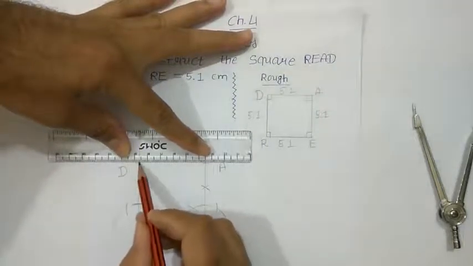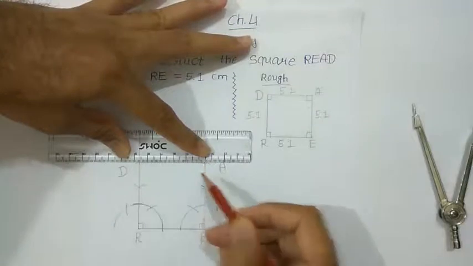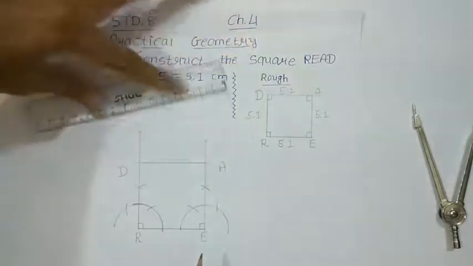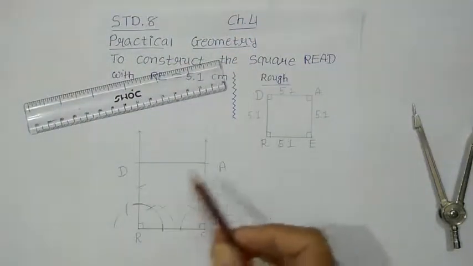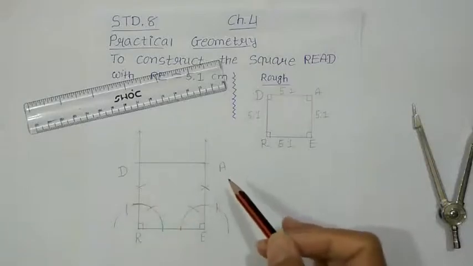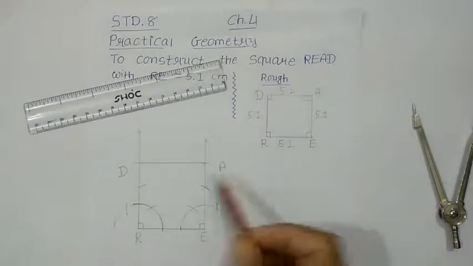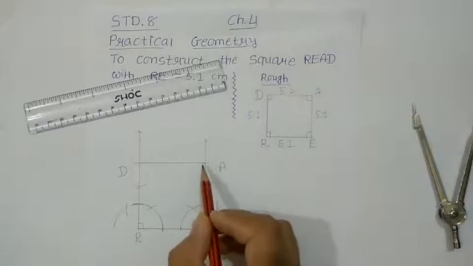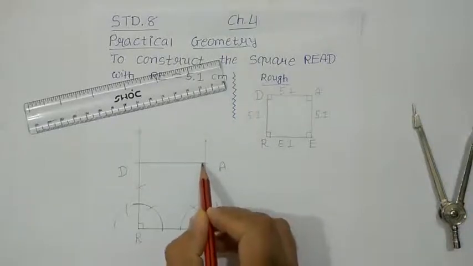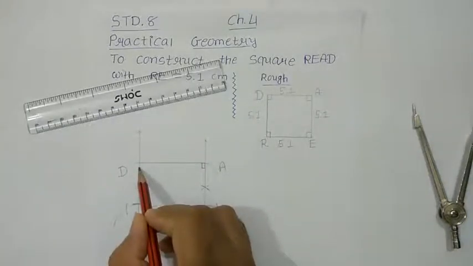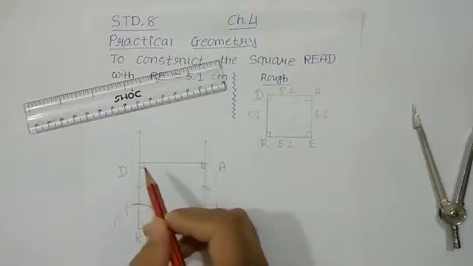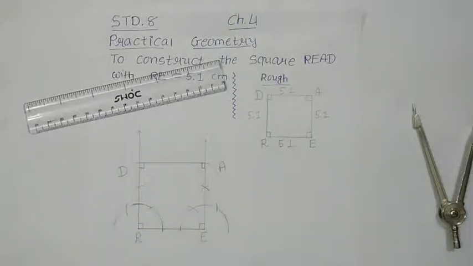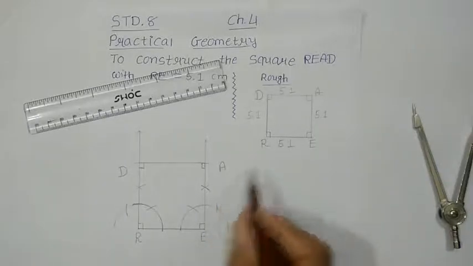By joining D and A, we can see that a square is constructed with the name READ. You can also measure that this angle is 90 degrees, and this angle is also exactly 90 degrees, right? And what are the measurements? We can write down the measurements.